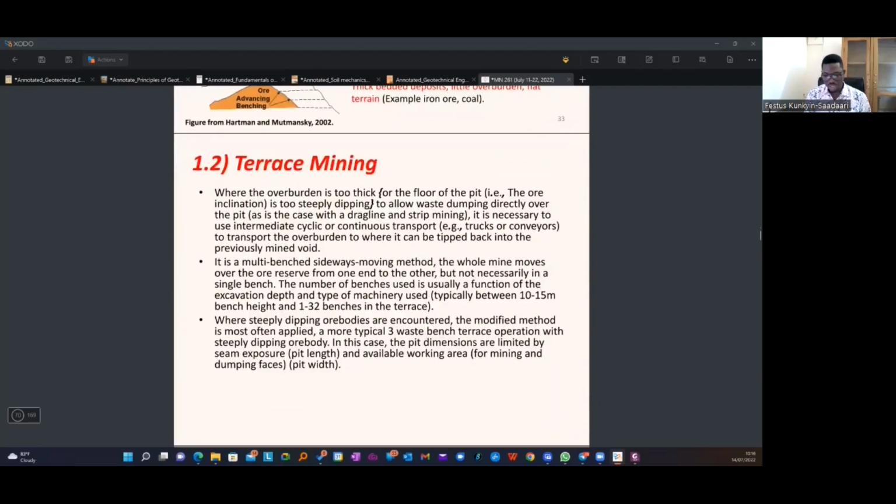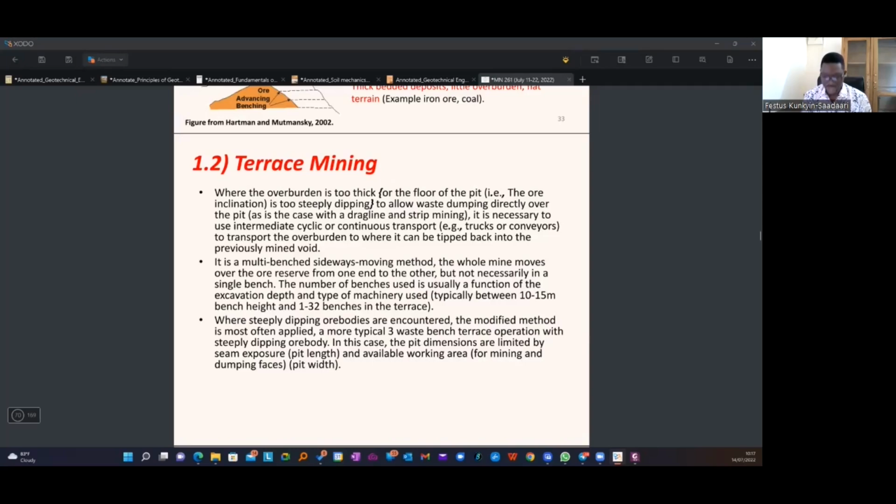So again, I talked about terrace mining. I said terrace mining is also another type of open pit mine, or let's say it is part of the mechanical excavation type of surface mining.